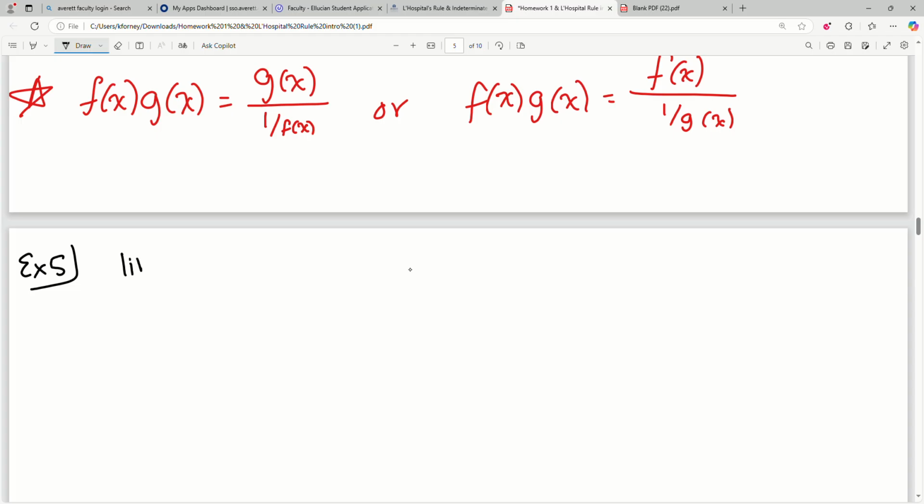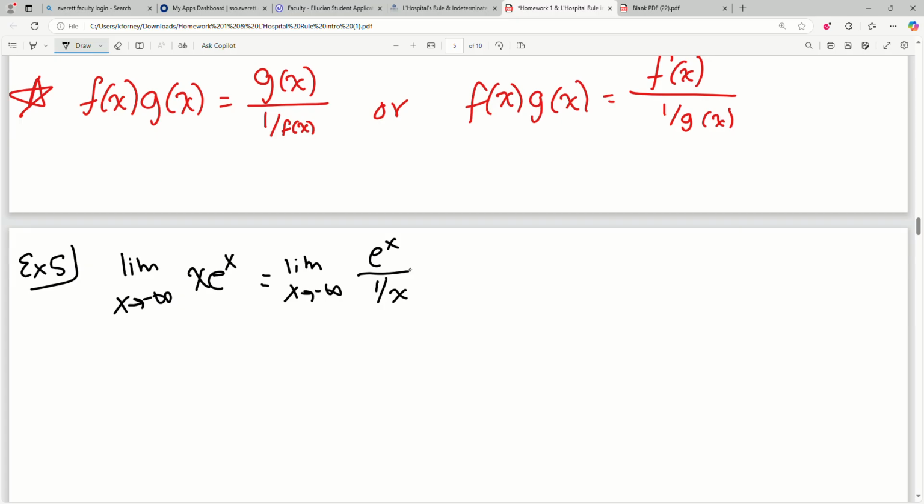So say we had the limit as x approaches negative infinity of x e to the x. Now, if I wanted to get this into an infinity over infinity or 0 over 0, any type of indeterminate form, I might say e to the x over 1 over x.